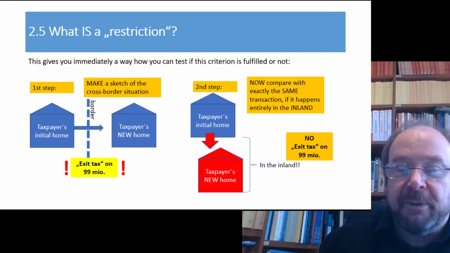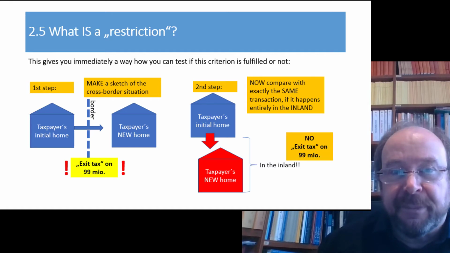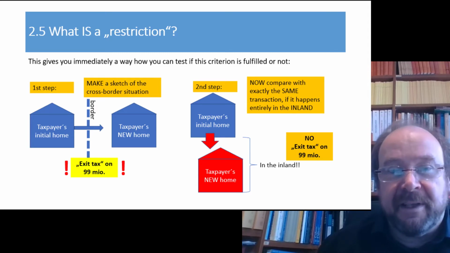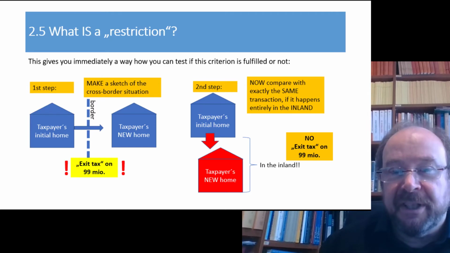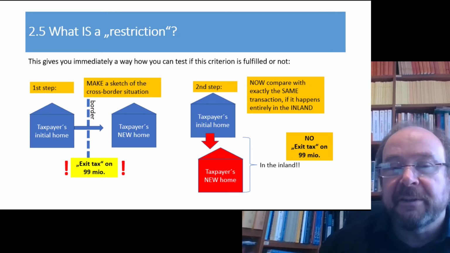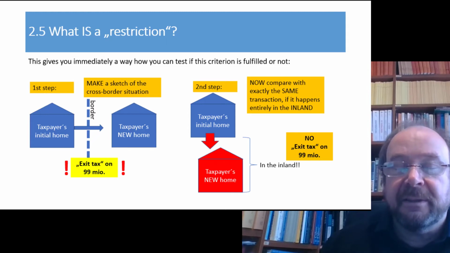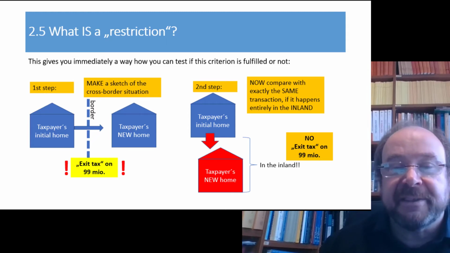and so, surprise, no exit tax. And here you see, okay, everything has remained unchanged. The only circumstance which was changed was the location to which our taxpayer moved, and yep, the problem vanished.